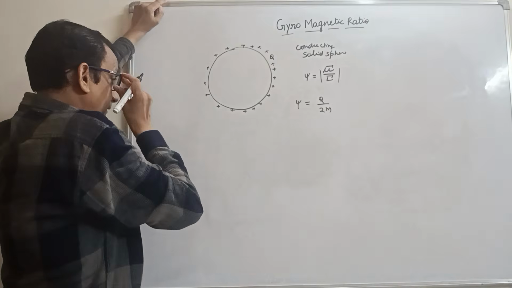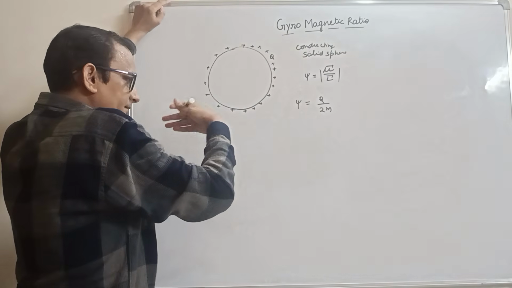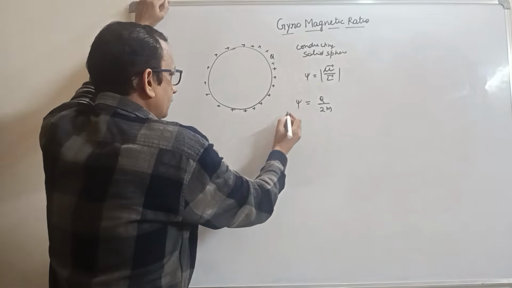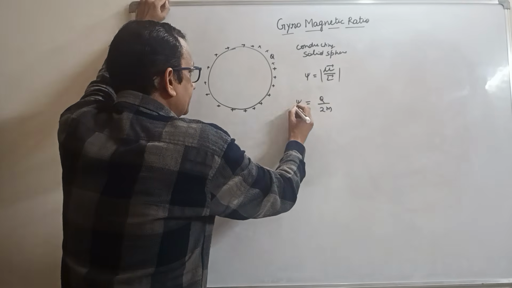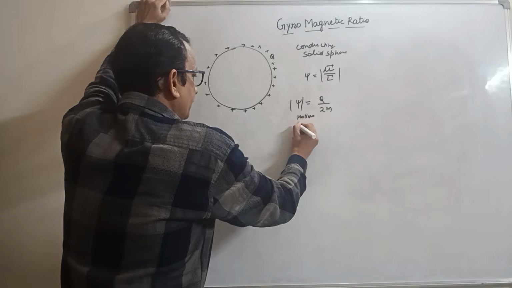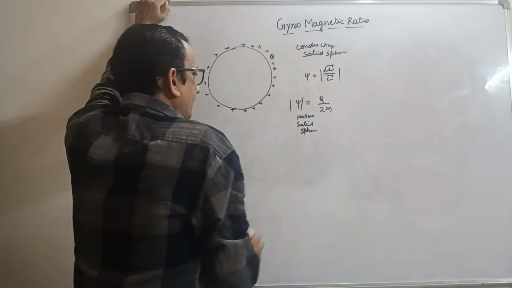A shortcut method first, and thereafter I will discuss the genuine method. We know the gyromagnetic ratio for a hollow sphere is Q by 2m.